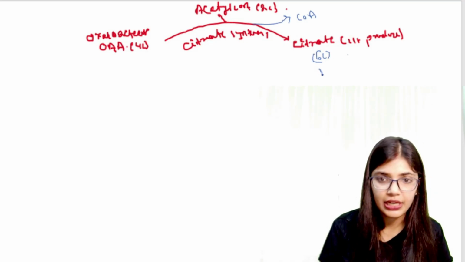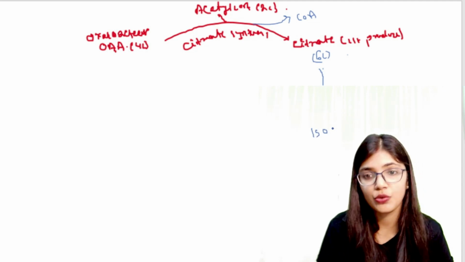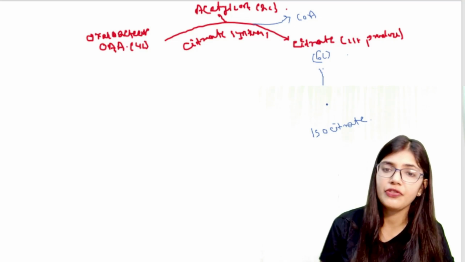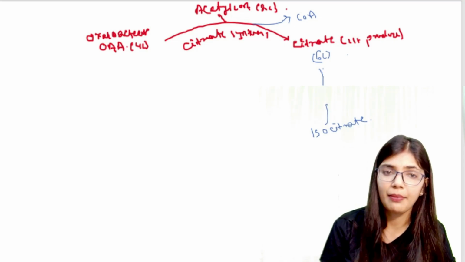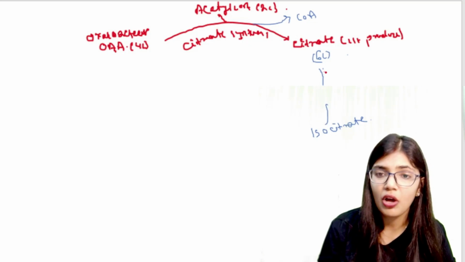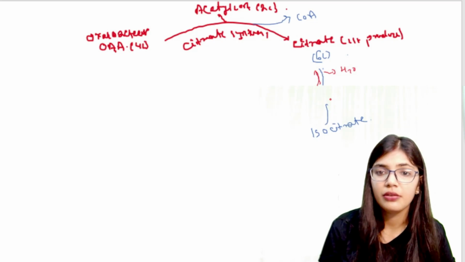This citrate is converted into isocitrate, and there is an intermediate during this conversion. During the formation of isocitrate, H2O is removed, and this is a reversible phase.